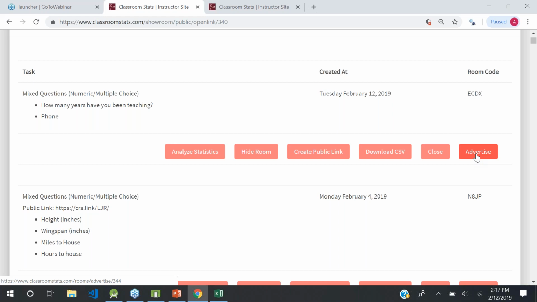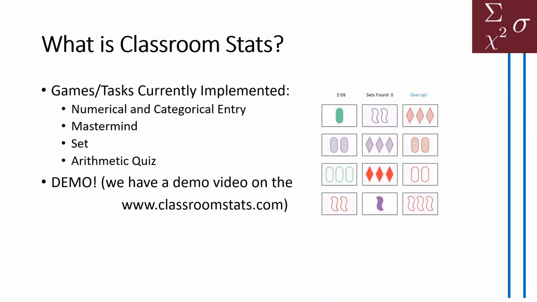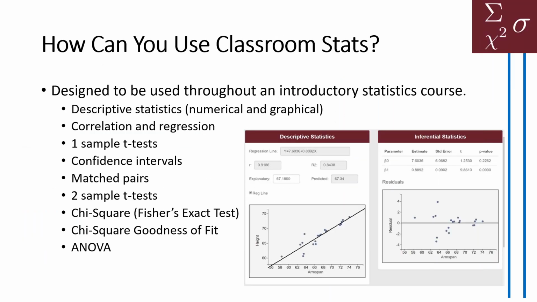So if we go back to our PowerPoint here for a minute, just to wrap up before we open this up to questions. How do we make that full screen? There we go. How can you use this? You saw this in the demo, but this is designed for pretty much anything you'd probably want to do in an introductory statistics course. It's got the descriptive statistics there, numerical, graphical, all sorts of things, 5-number summaries, scatter plots, box plots, etc. Correlation and regression, one of my favorite topics for intro stats.